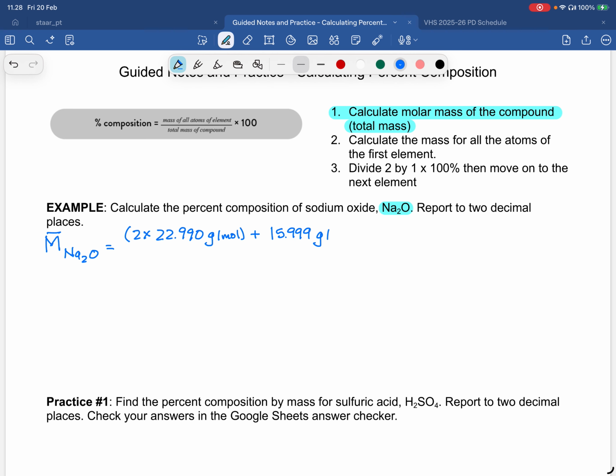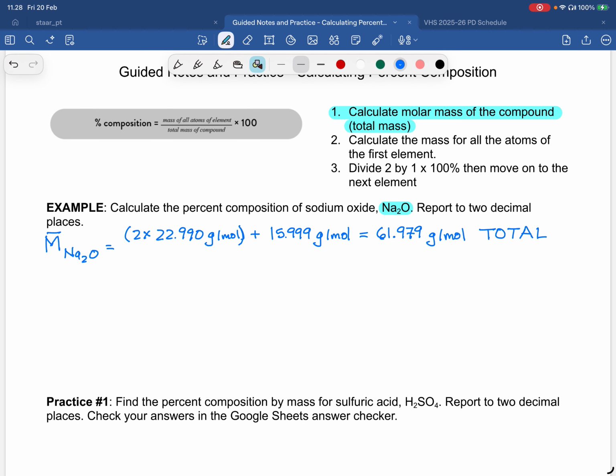Now when I do that calculation on my calculator, then I'm going to find out that that is 61.979 grams per mole. That is my total mass of the compound.